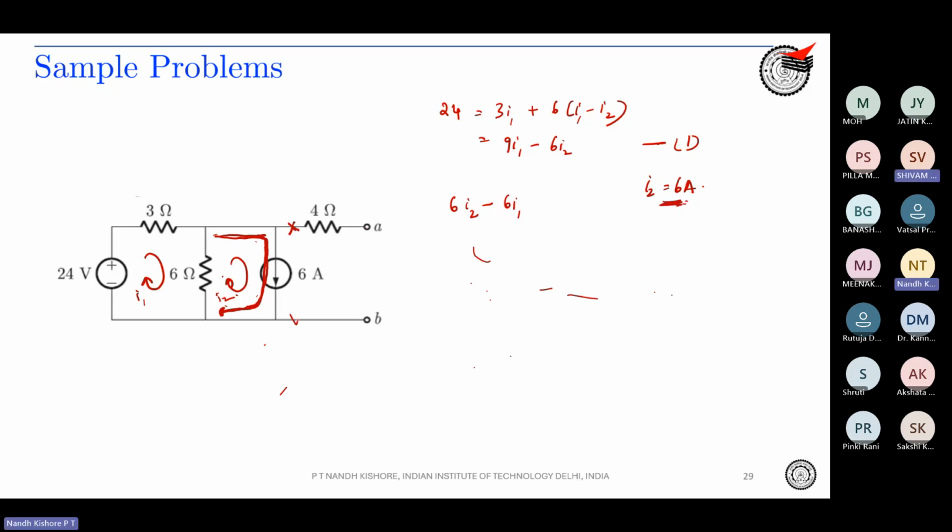So basically, I2 is just 6 ampere directly.